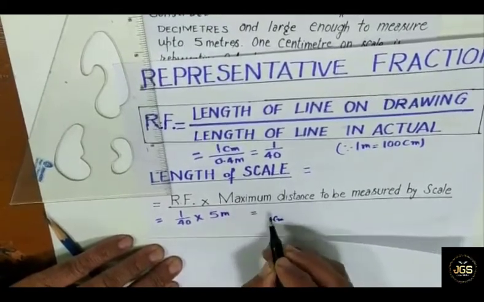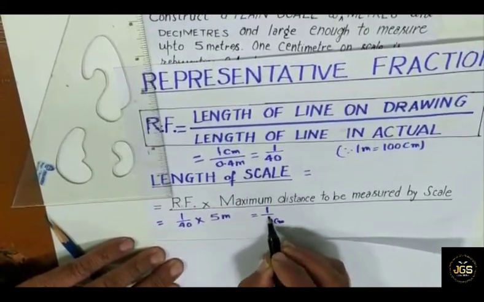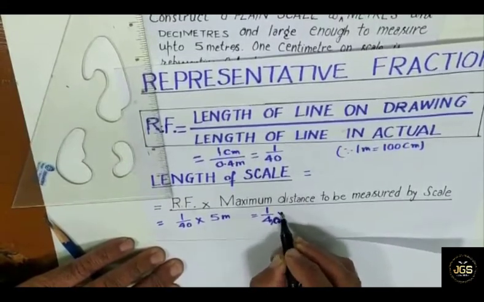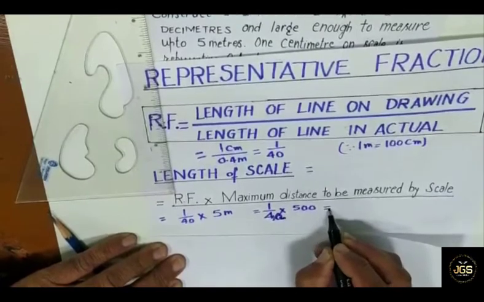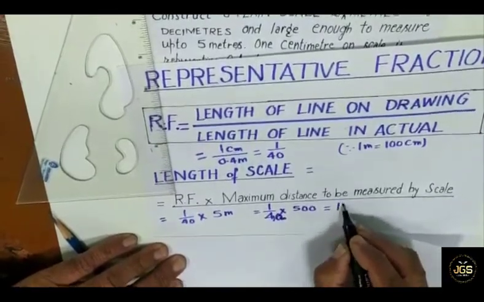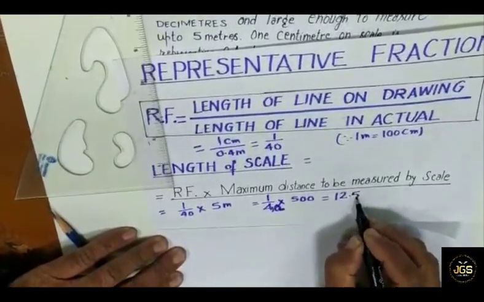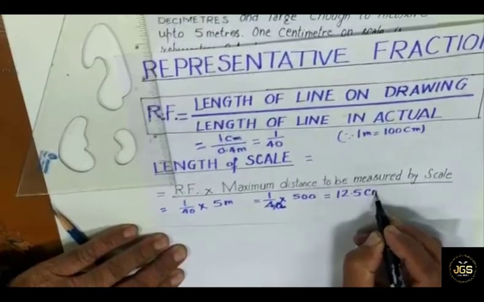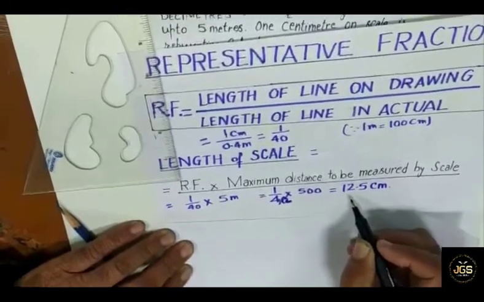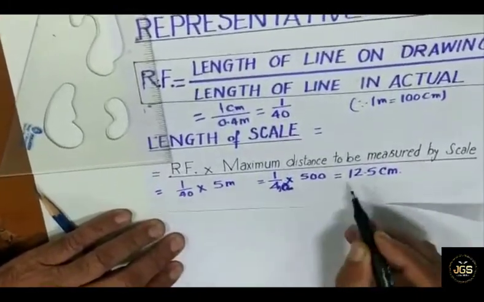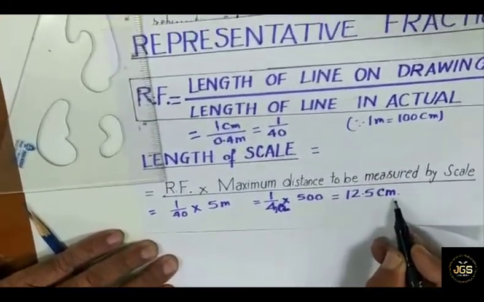But here we will convert into centimeter. 1 over 40 multiplied by 500 centimeters. So this comes to be 12.5 centimeter. So when we are going to construct a scale, we will take the length of the scale as 12.5 centimeters.